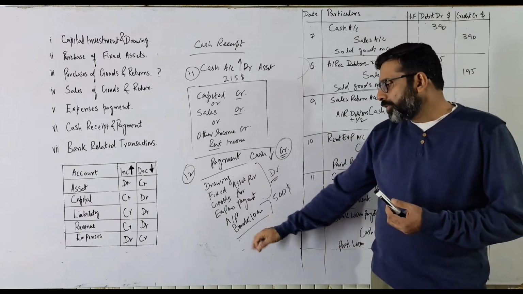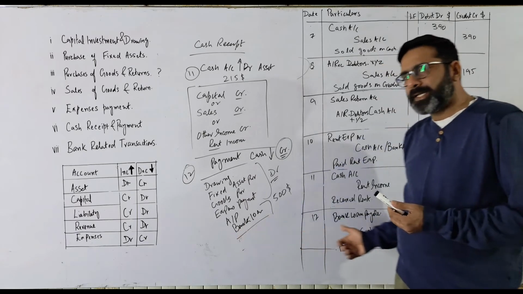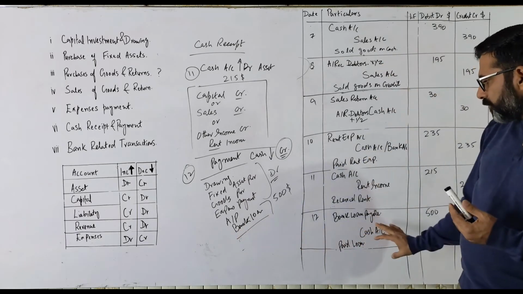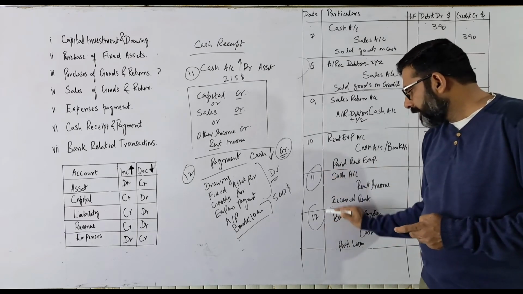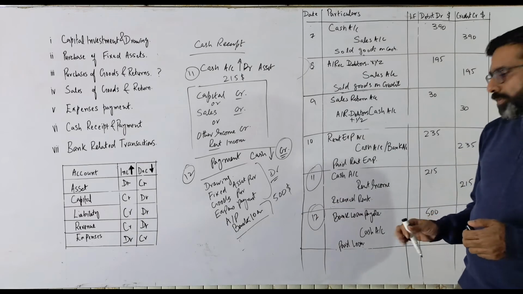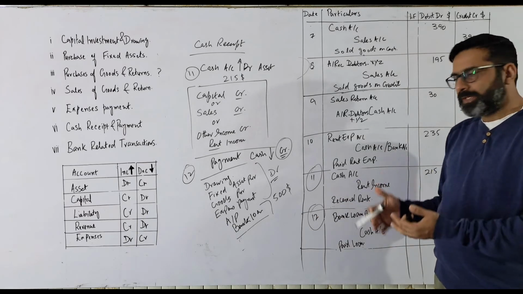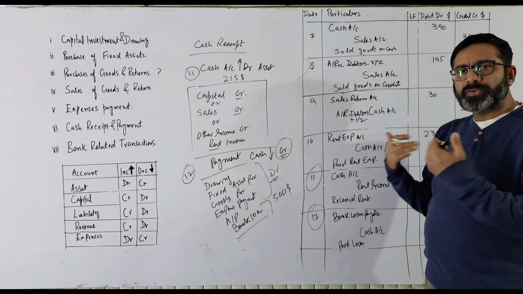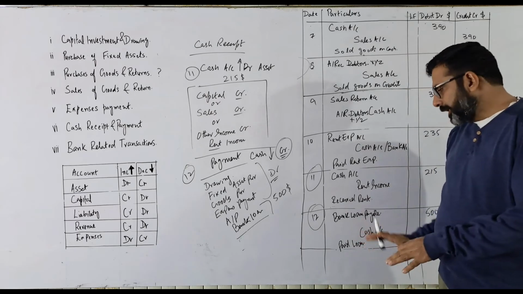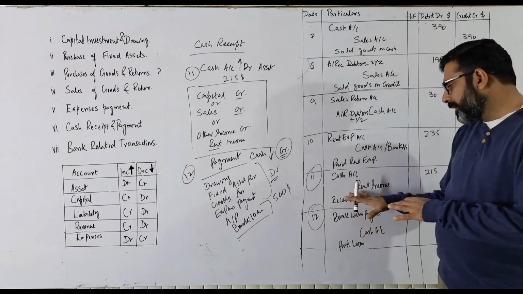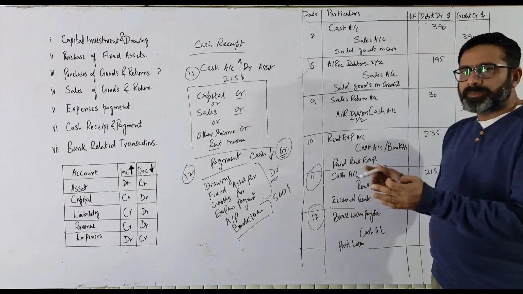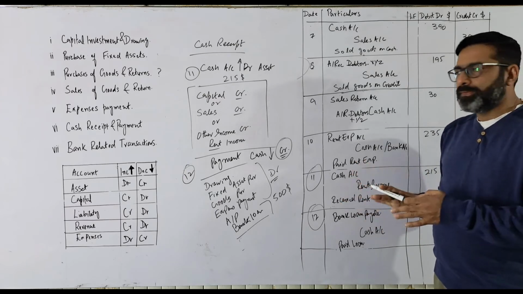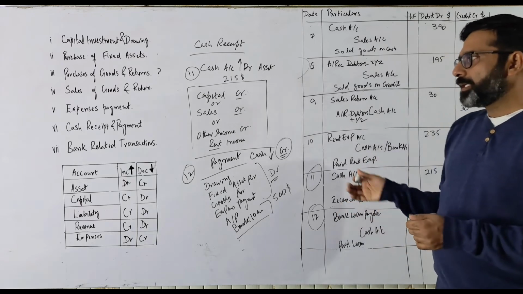You are paying the bank loan, it will be debit and the cash will be credit. So these are the two transactions related to the cash receipt and the cash payment. Any amount which you are receiving, cash will be debit. Any amount which you are paying, the cash will be credit. Only the reason you have to write is the other account that is affected. It may be a liability, an asset, capital, or revenue. These are the main things that you have to record.